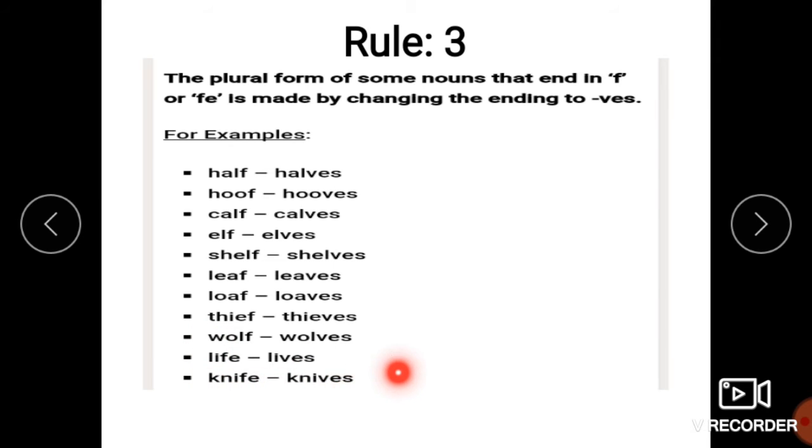Dear students, that means we change the f into ves. Most words that end with f change f to ves to make their plurals. Loaf, loaves.